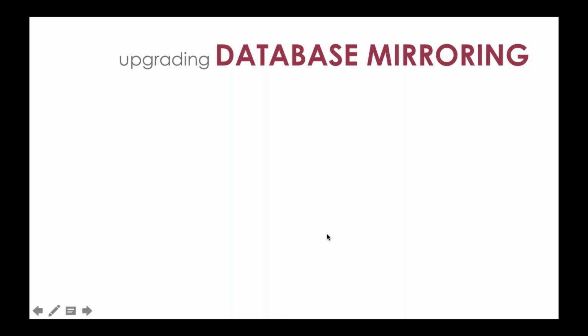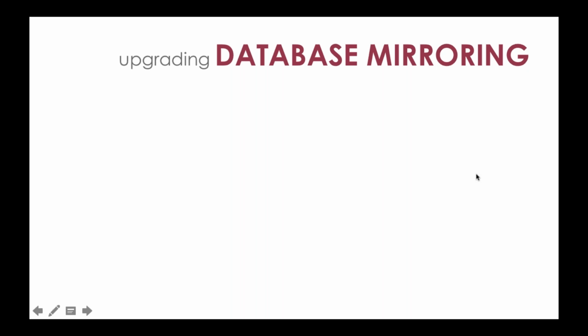Let's say you have a database mirroring infrastructure and you want to upgrade that. How would you want to go about it? Again, one of the reasons I'm including the process on how to create a database mirroring configuration is because, number one, you may still have database mirroring in your environment and you're not thinking of forking up the money to pay for an Enterprise Edition license just to move to availability groups, right?